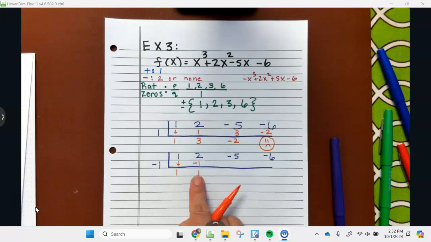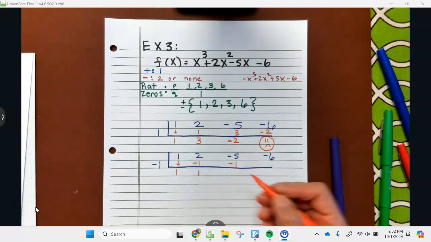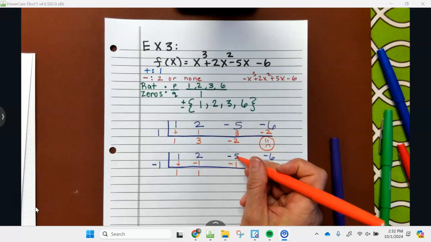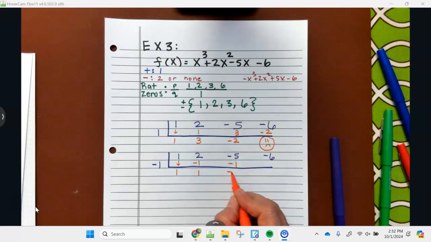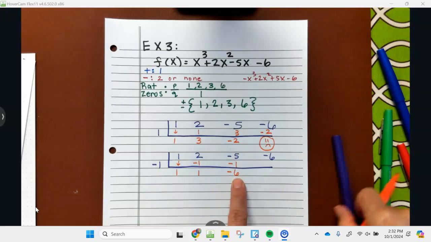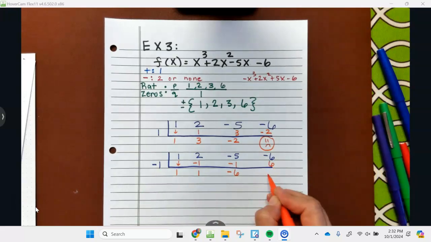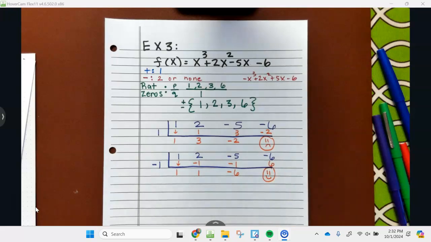A negative 1 times a 1 is a negative 1. A negative 5 and a negative 1 is a negative 6. Here we go. Negative 1 times negative 6 is making me for sure happy. We found it.